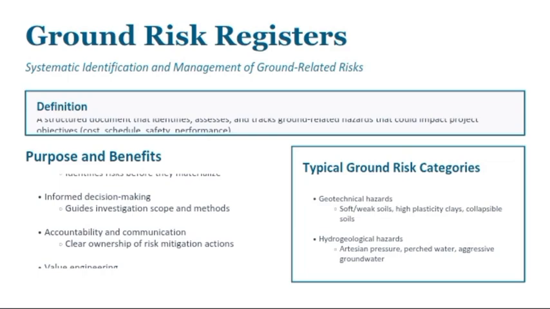Now the purpose of the register is this: it is to ensure that risks are recognized early. Two, responsibilities are assigned, mitigation measures are documented, and risks are continuously reviewed throughout the project life cycle.